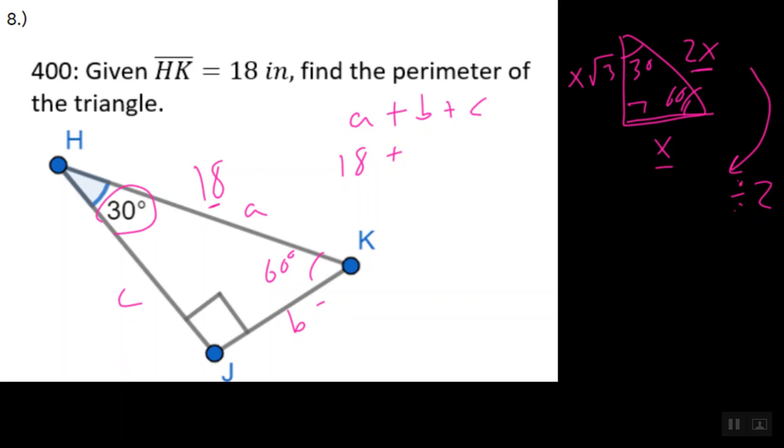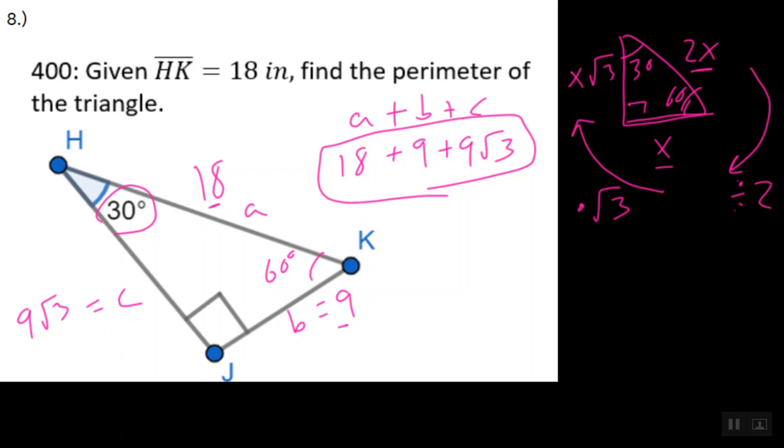Well, 18 divided by 2 would be 9. And then to go from x to x square roots of 3, you simply multiply by the square root of 3. So 9 times the square root of 3 is 9 square roots of 3. And so our B value is 9, our C value is 9 square roots of 3, and if you add up these three numbers, you will get the correct answer.